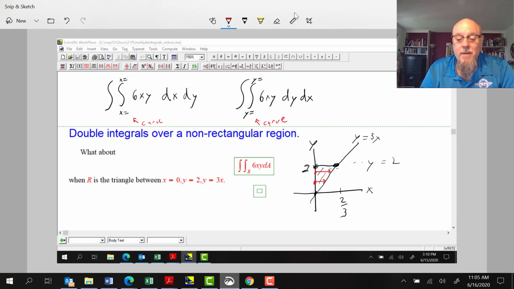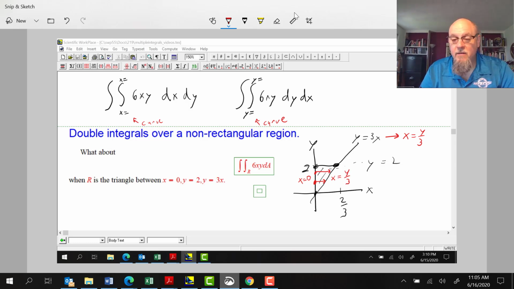What x value? It depends on the height. I want to write this x value as a function of the height. The height is given by a y equation, so I'm going to need to switch this around. Instead of y is equal to 3x, I'm going to write this as x is equal to y over 3. And now it starts on the curve x equals 0, and it ends on the curve x equals y over 3.